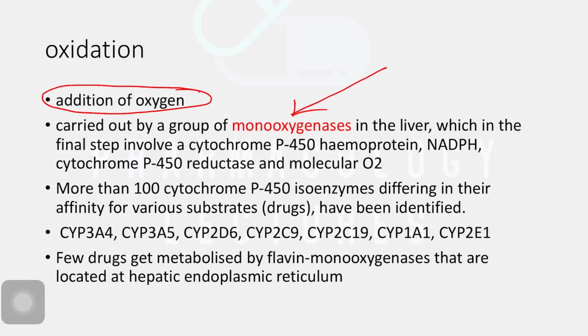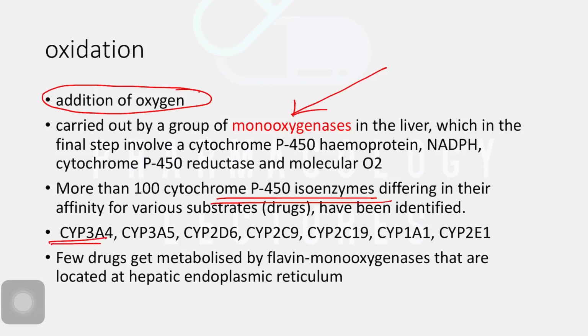Now these monooxygenases have more than 100 cytochrome P450 isoenzymes. Okay, so these monooxygenases also involve different isoenzymes, and the most important isoenzymes are CYP isoenzymes.